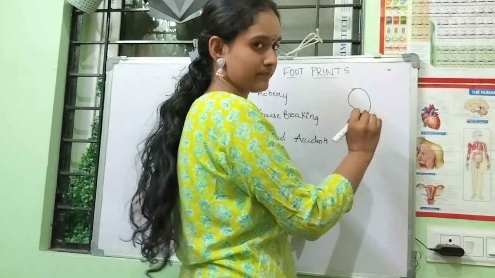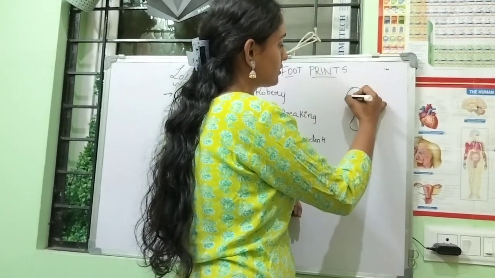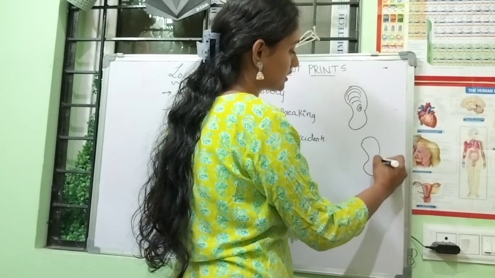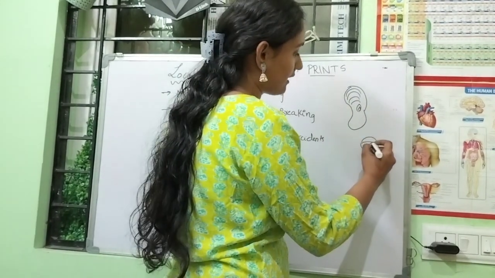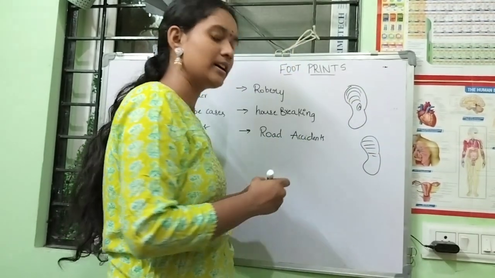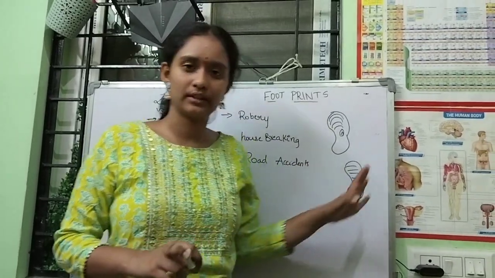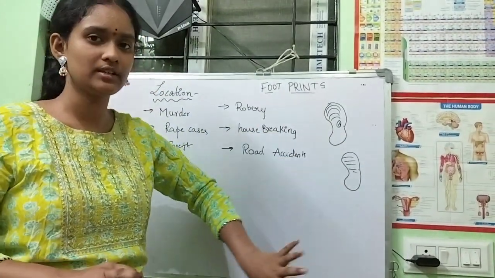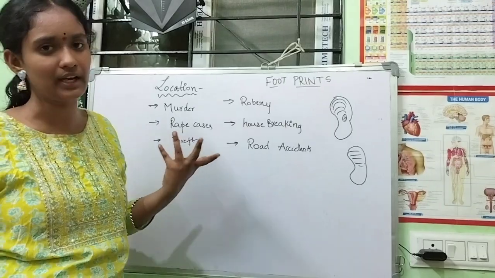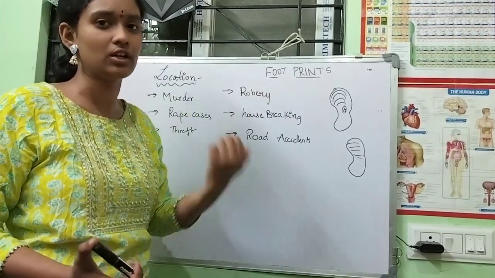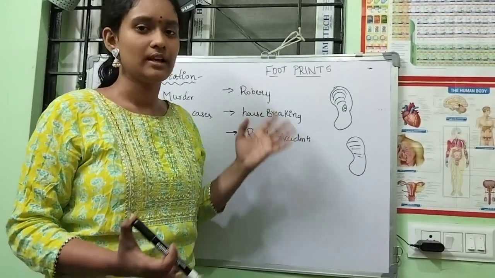For every shoemaker, for every factory, you have different designs. A number will be given here. One will be like this, and the other brand will have something different. No one can copy the same design from another. So if he wore any shoe, you can easily find out where he bought it.